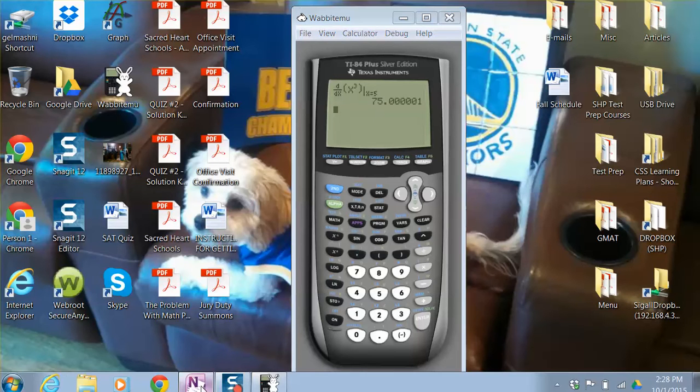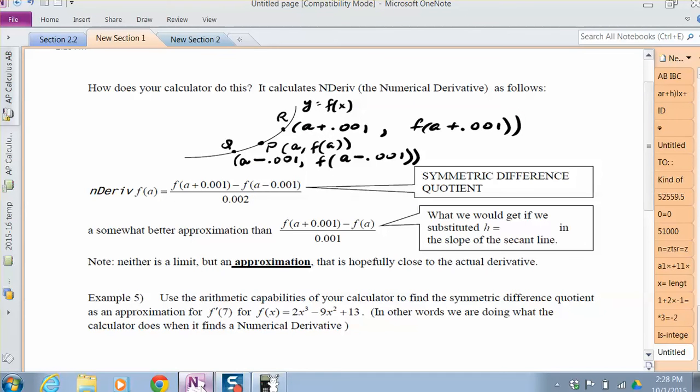So if we go to the notes, what is the calculator doing when it calculates the derivative for you? It's not actually doing the whole limit business of like, oh, here's x cubed, let's do f of a plus h minus f of a all over h, limit as h approaches 0. It's not really doing that. It's doing an approximation.